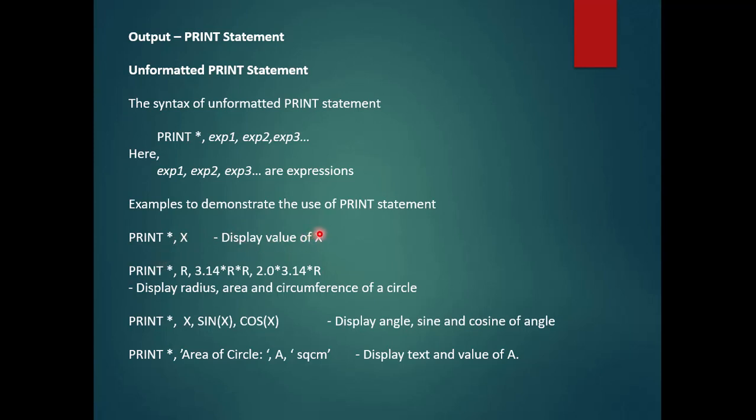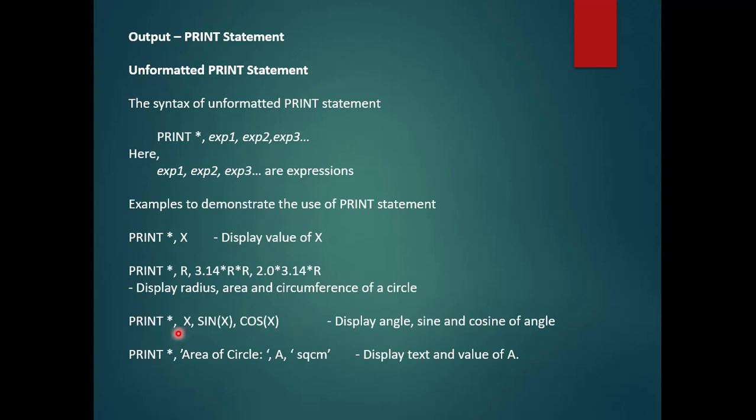Print star comma r, comma 3.14 star r star r, comma 2.0 star 3.14 star r, which means 3.14 r squared and 2 into 3.14 r.